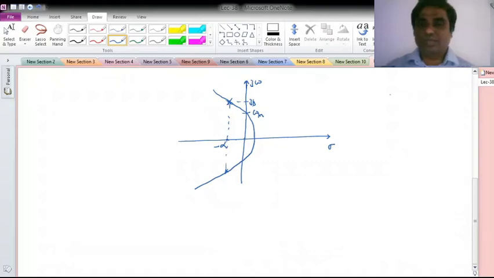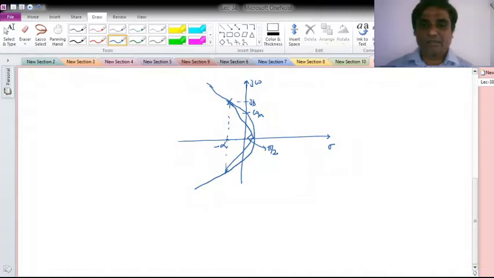Now once I know omega m, what next? I would like to calculate the half power point frequencies, and we have seen how to construct them geometrically. We draw this line, which forms an angle of pi by 2.